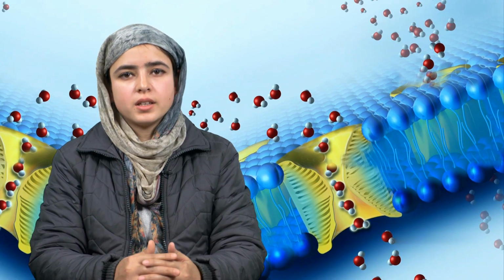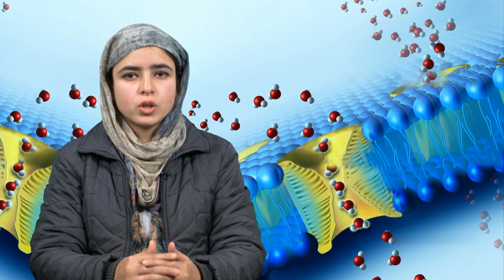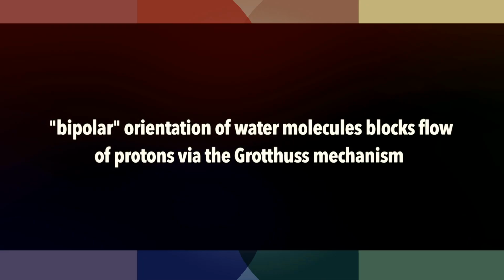It is still unclear whether the rotation of water molecules has any biological significance. Early studies speculated that the bipolar orientation of water molecules blocks the flow of protons via the Grotthuss mechanism.